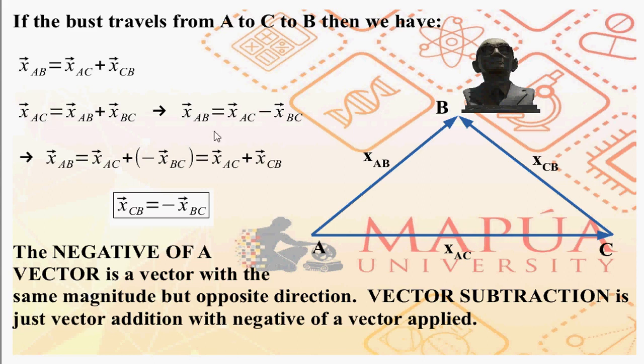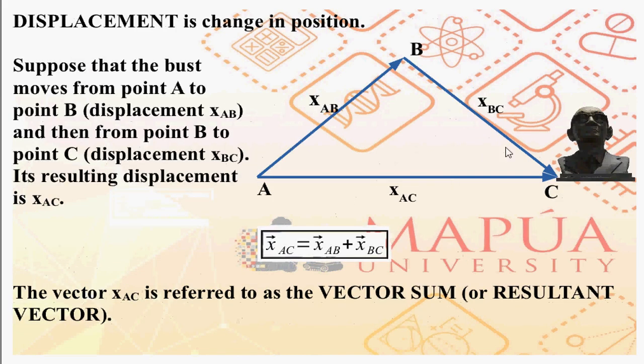This implies that XAC minus XBC is just equal to XAC plus XCB, telling us that XCB is equal to negative XBC. XCB, from C to B, is just the negative of XBC, the displacement from point B to point C.